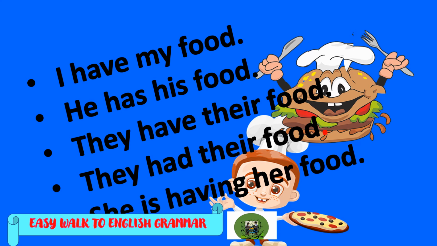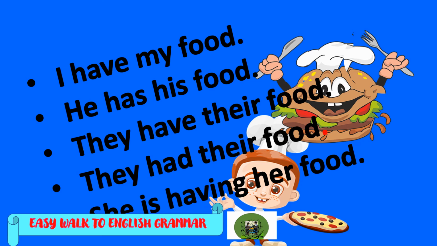The meaning is, I am not hungry now, I have my food. And we can see in case of eating food we used have, the base form of have. And a little before we learned why we used the base form along with I even though I is singular.